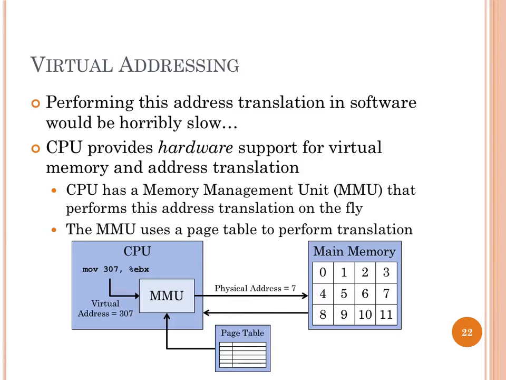Okay? So like I say, the address translation in software would be slow. In fact, you will see an example of that in assignment 8. So we have a special hardware component that is on the processor. It's called the memory management unit. It does a lot of things, in fact. It also is where we can enforce memory access permission.